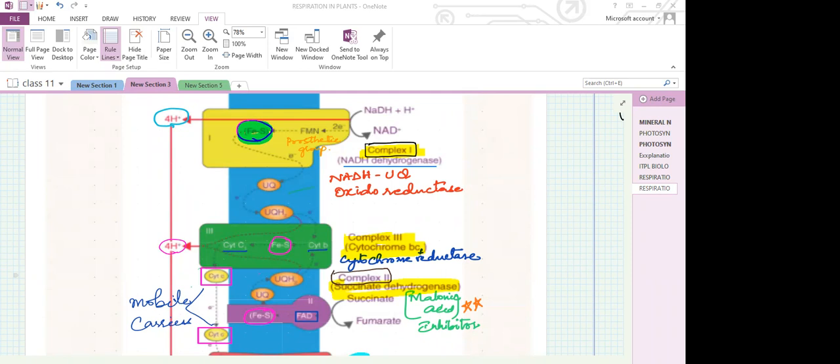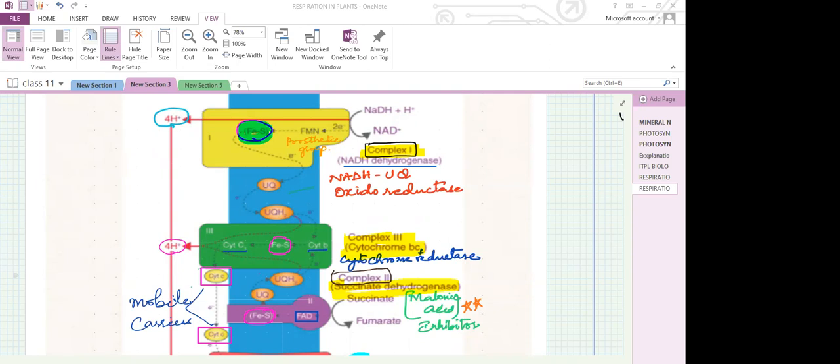Electrons from NADH produced in the mitochondrial matrix during the citric acid cycle are oxidized by NADH dehydrogenase complex 1, and the electrons are then transferred to ubiquinone located within the inner membrane. Ubiquinone also receives reducing equivalents via FADH2 complex 2 that is generated during oxidation of succinate in the citric acid cycle.